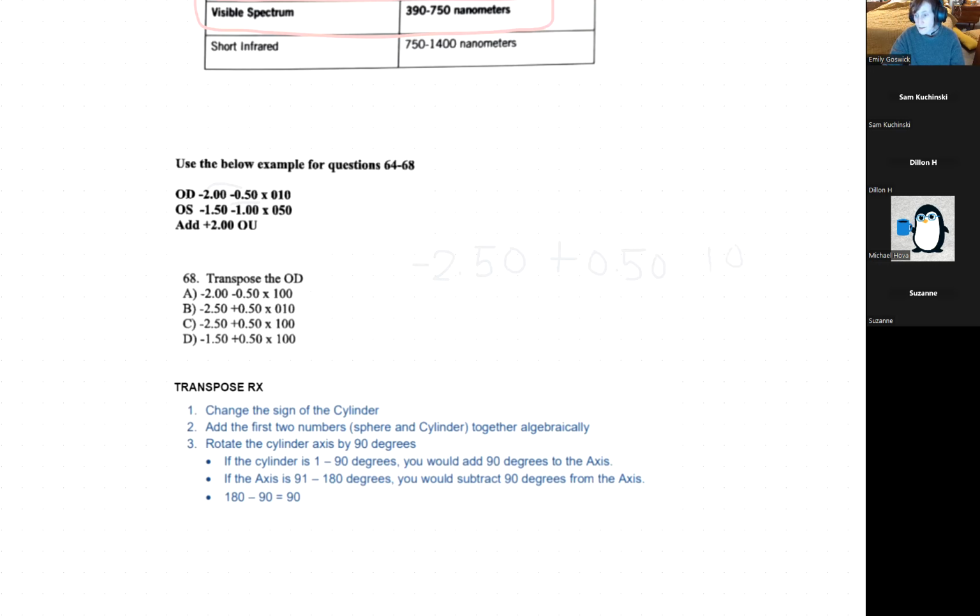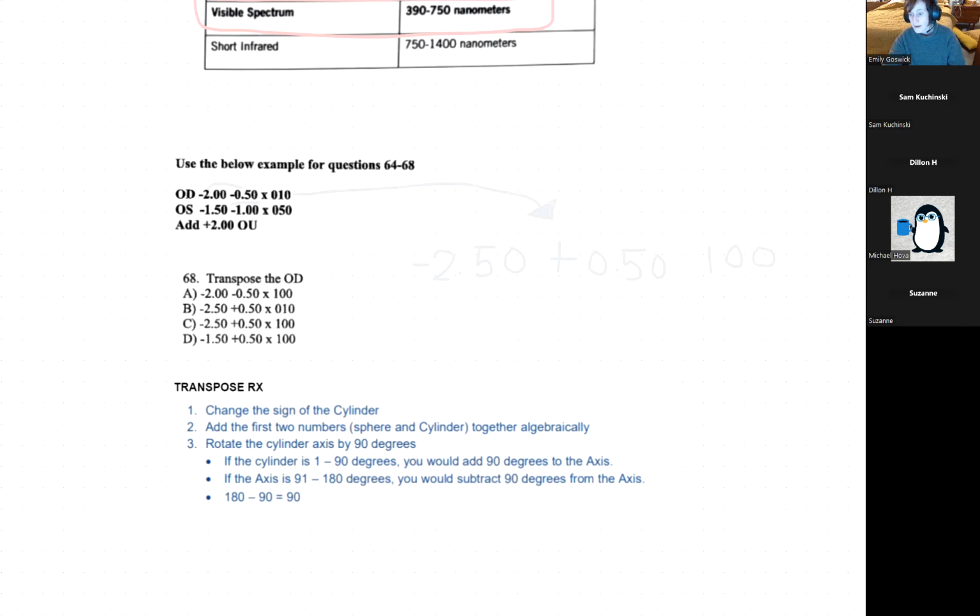So if we transpose this prescription here, we would be putting it into plus cylinder form. If you had an RX come in from an ophthalmologist office, it would normally come in plus cylinder, so it's helpful to know what that would look like in minus cylinder.